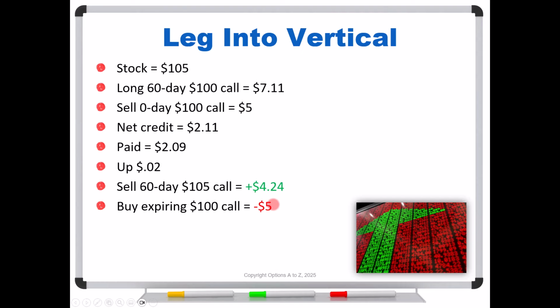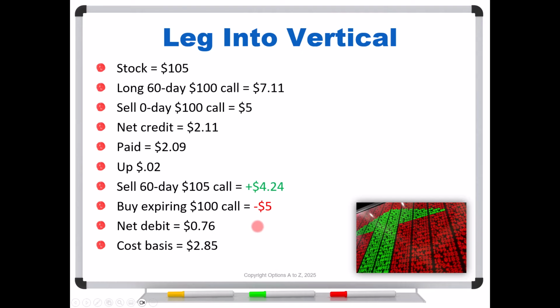So on a net basis, it's another 76 cents that I've got to shell out to close this position and morph it. My cost basis is now $2.85. It used to be $2.09, so I've increased it a little bit, but it's given me another shot to stay in the trade and potentially turn it into a winner.